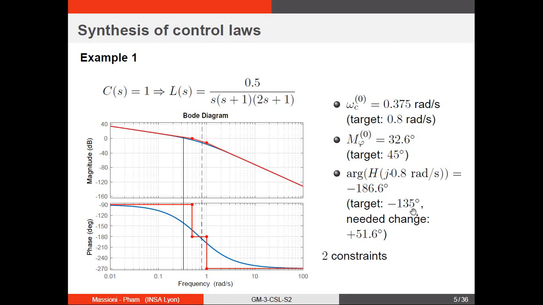So we basically have two things that we want to change. Let's say two constraints, which requires a controller with 2 degrees of freedom, as we said already. A proportional cannot do it.